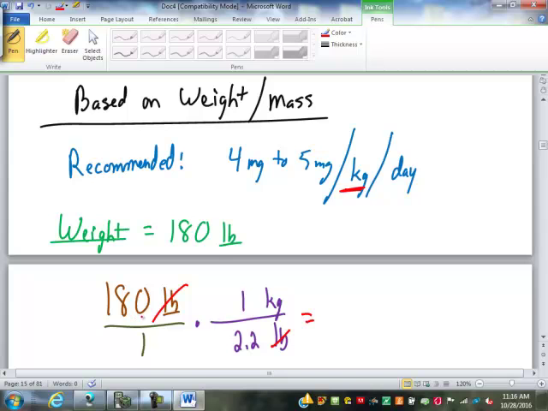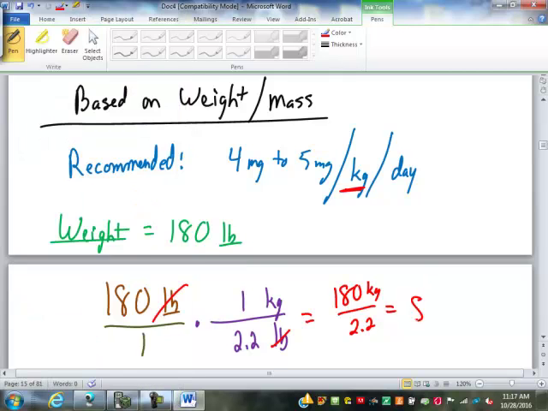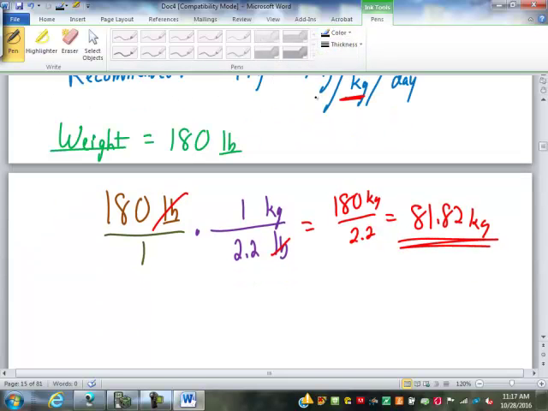This is 180, and you can see it's going to be 180 divided by 2.2. It's 81.82 kilograms. So because the 2.2 is on bottom, we would just be dividing the 180 by 2.2.